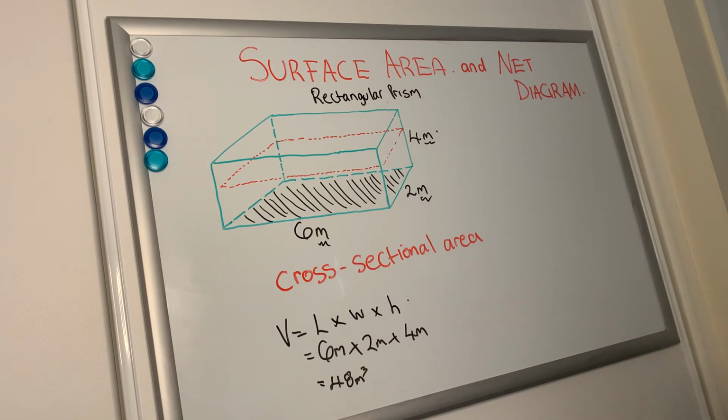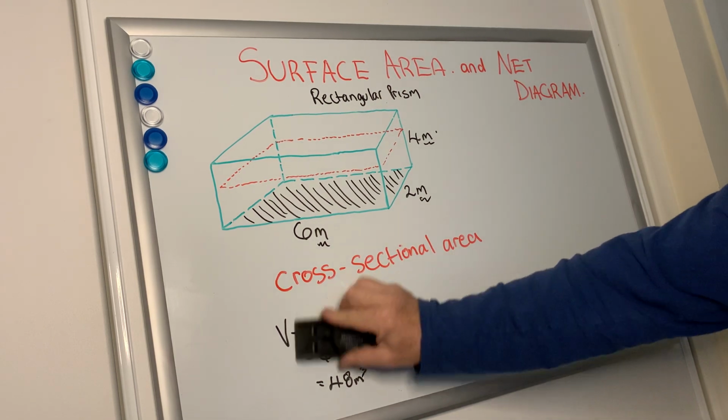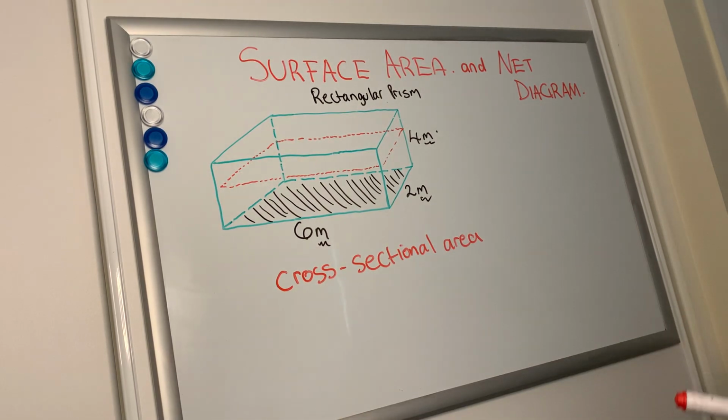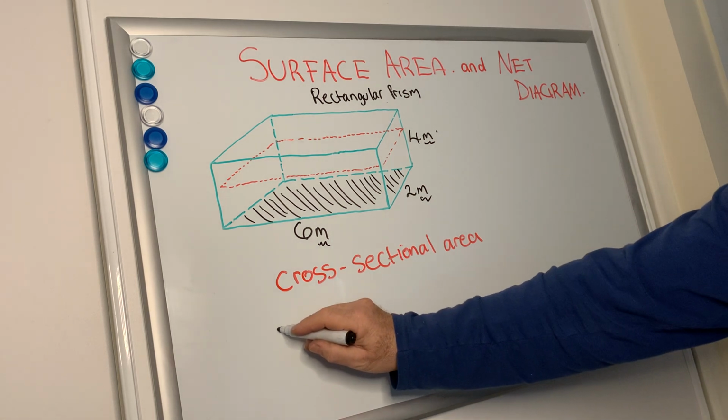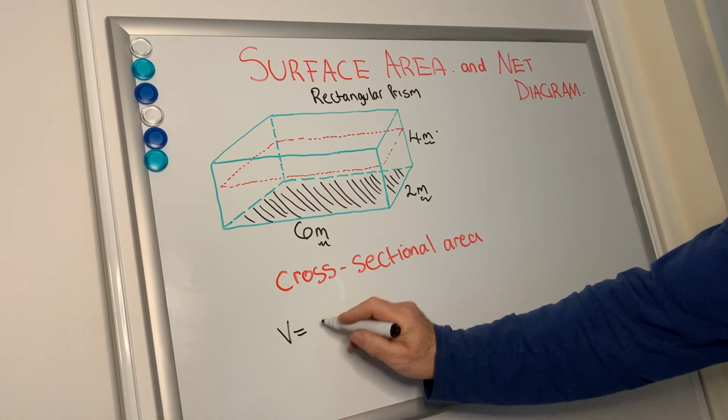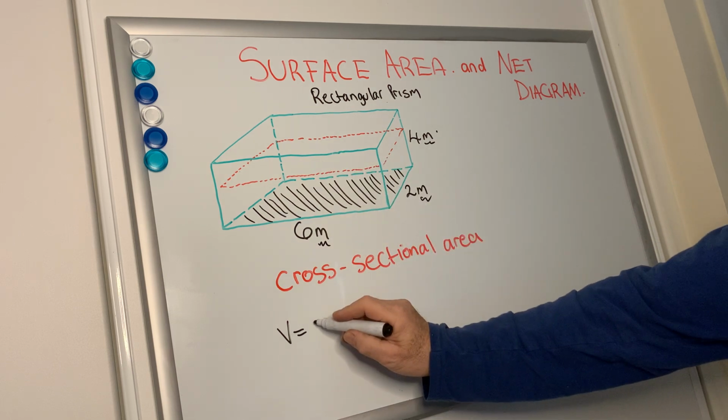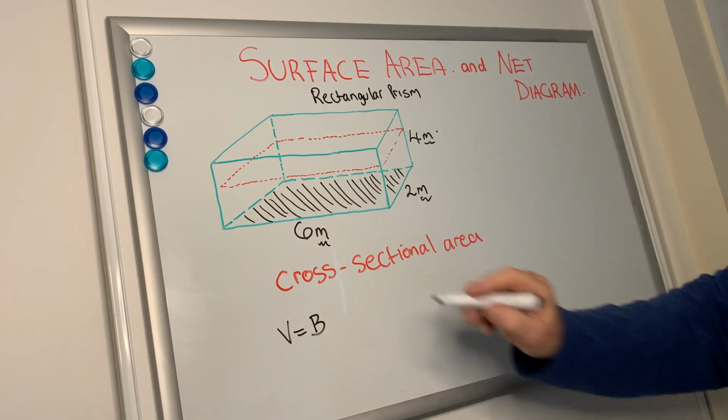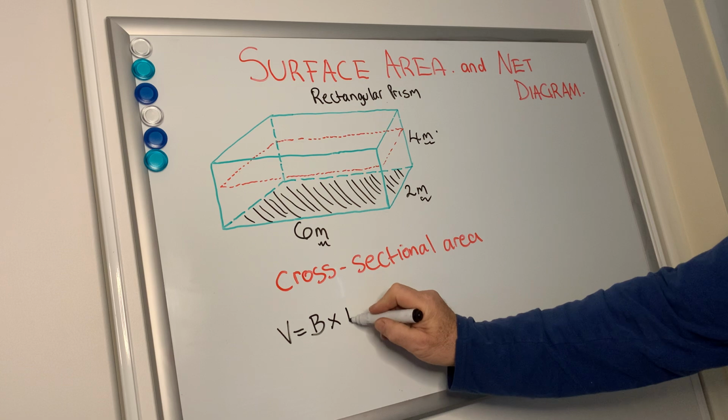But the other way we spoke about was also using the cross-sectional area. So volume is equal to, if we call the cross-sectional area the base, the area of the base times the height.